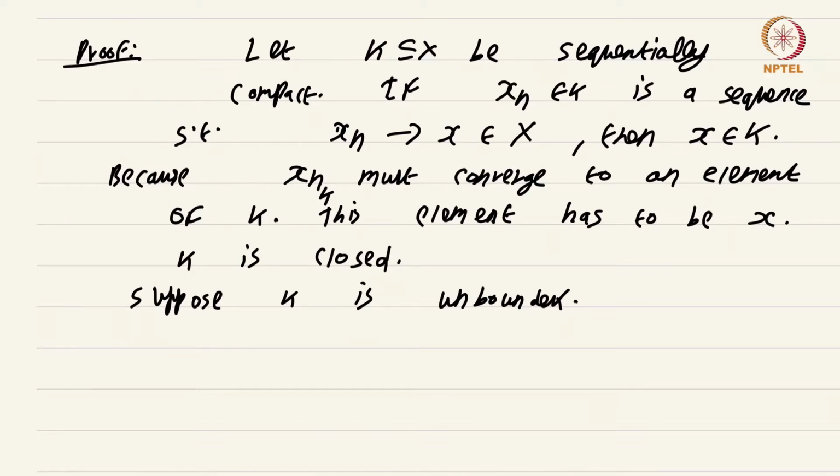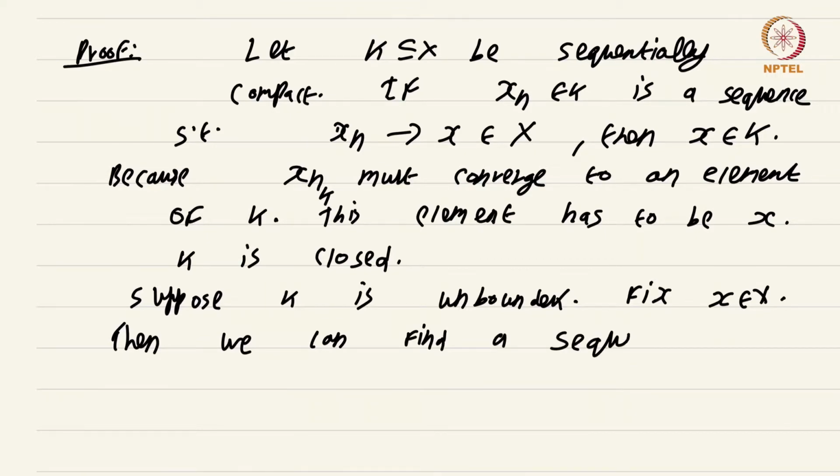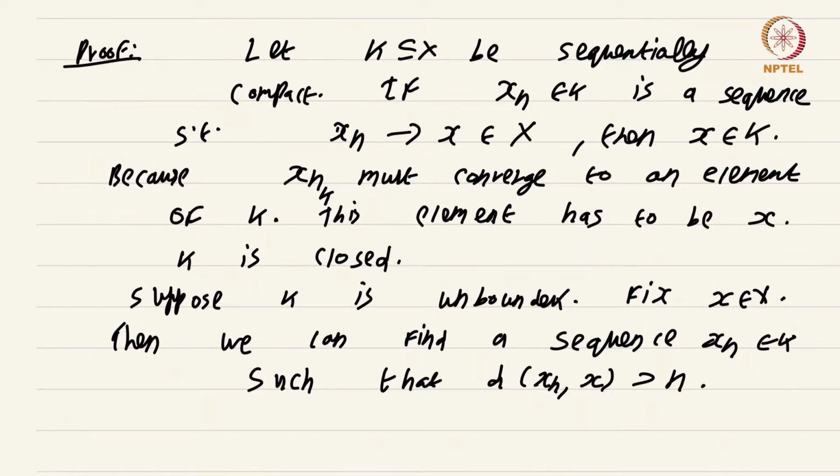Suppose K is unbounded, fix x in X, it doesn't matter what point this is, then we can find a sequence xn in K such that the distance of xn to x is greater than n.